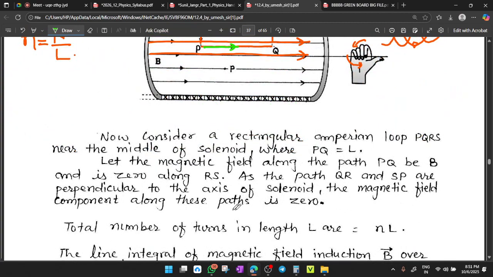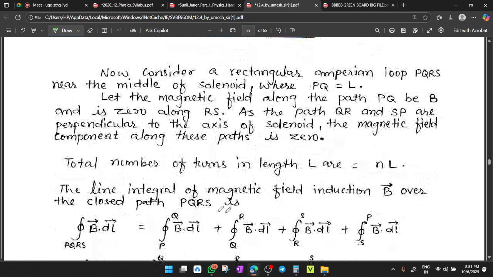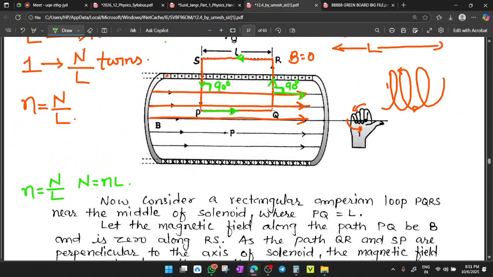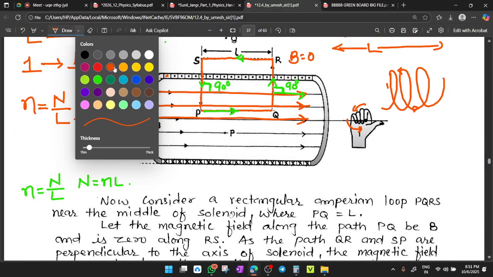The magnetic field components are perpendicular to the axis of the solenoid, so the magnetic component along these paths will be 0. Now the number of turns in length L equals nL. We just discussed this: n equals N upon L, so the total number of turns equals n into L.